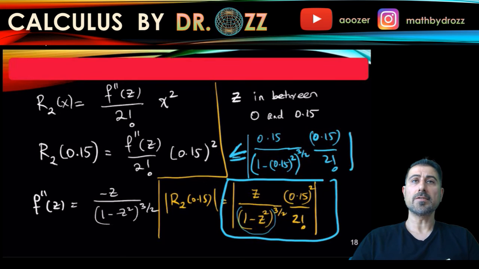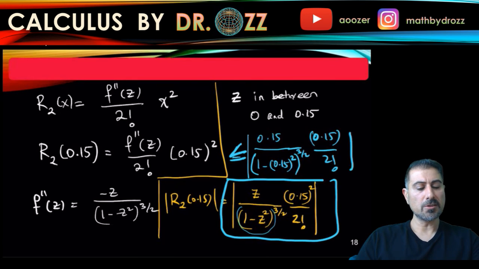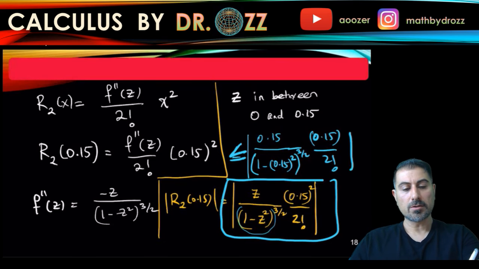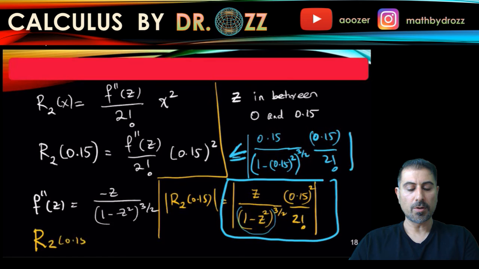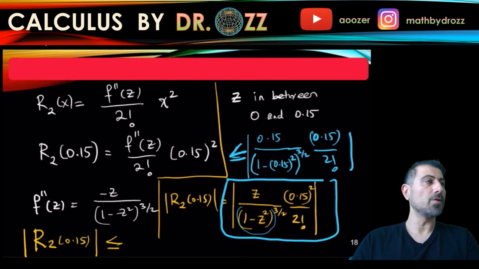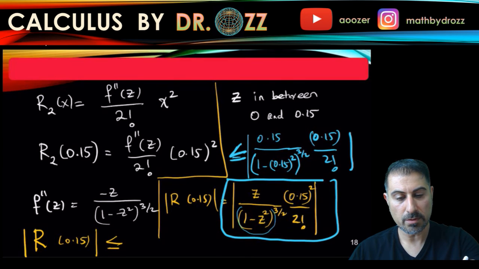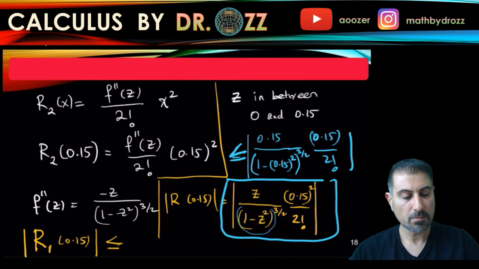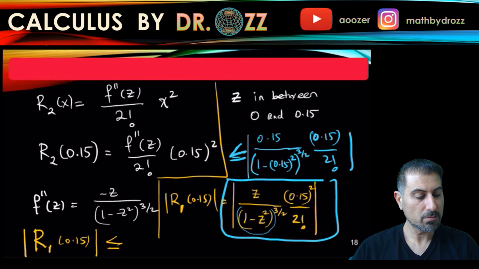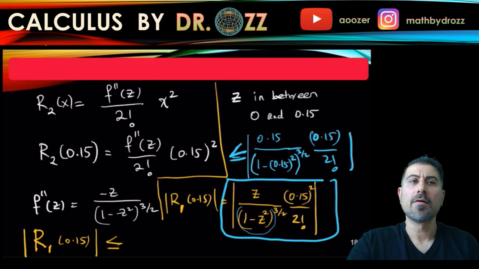Okay, use your calculator, TI-84, and convince yourself that R1 at 0.15 is less than or equal to, in fact, R1, I'm sorry. This is R1. Okay. All right, let's continue.